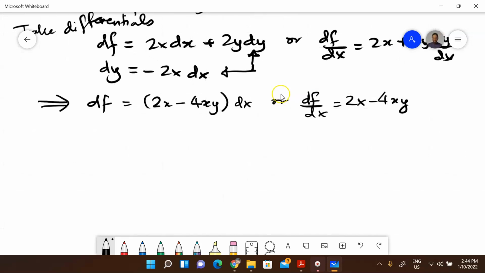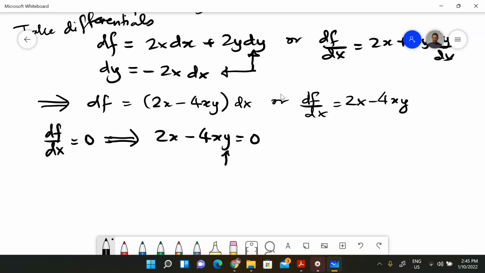To extremize that, we have df/dx equals 0. And that implies the following: you get 2x minus 4xy equals 0. And then you again substitute y, and I'm not going to do all the steps here. So you get x equals 0 and x equals plus or minus 1 on root 2 as your stationary points.